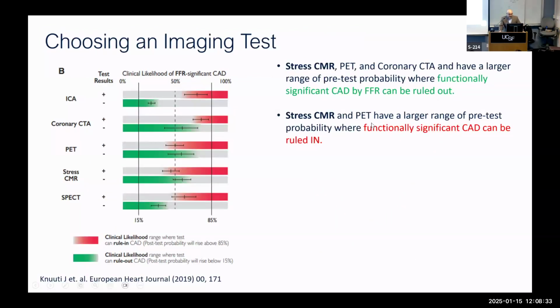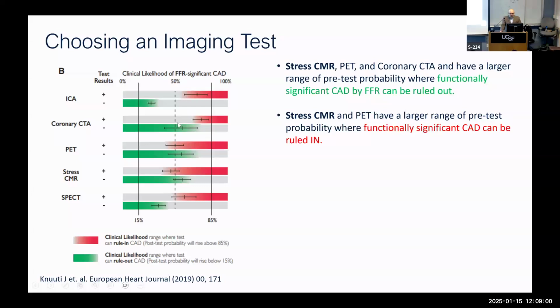Another way of thinking about the same thing is what range of pretest probability can you adequately rule in or rule out obstructive coronary disease. So here, when we're looking at what pretest range you can effectively rule out coronary disease, we see that CT, PET, and MR are pretty similar and really extend up to about 60 or so percent where you can still adequately rule out coronary disease.